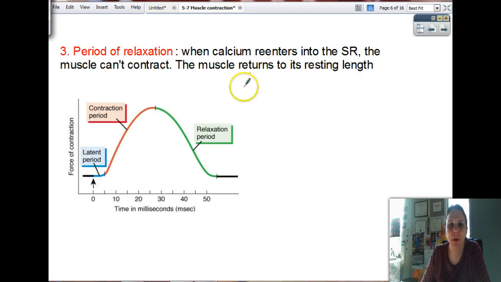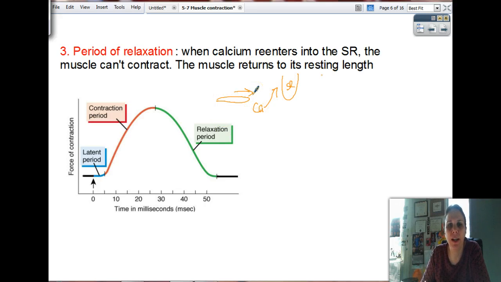That's when the calcium goes back into the SR and the muscle cannot contract. So what's happening is the actin and the myosin, the actin is going back to its original resting spot. Calcium's going back into the sarcoplasmic reticulum, and then everything's resetting back to normal.